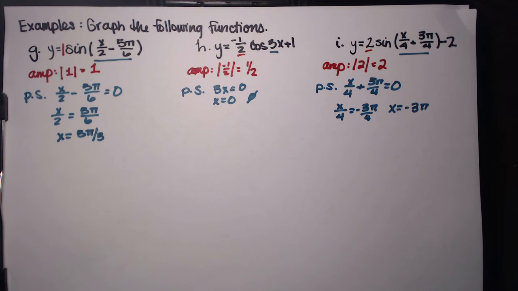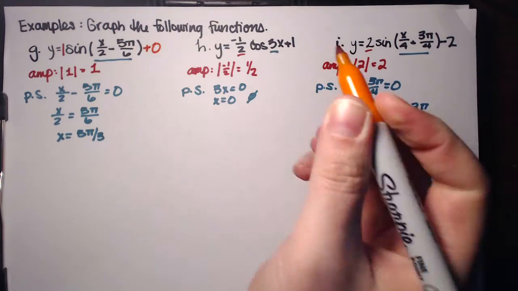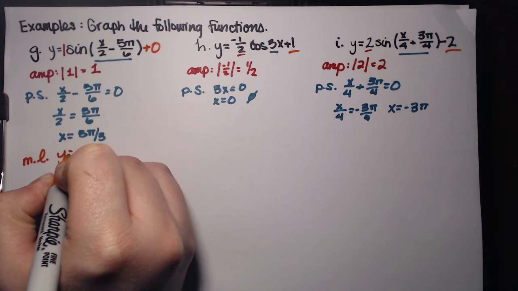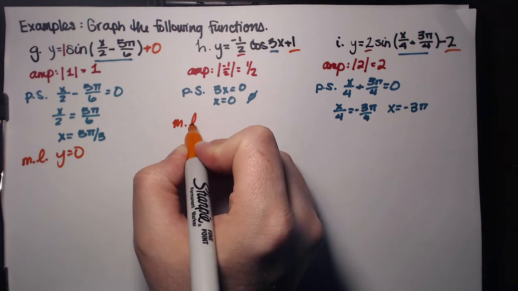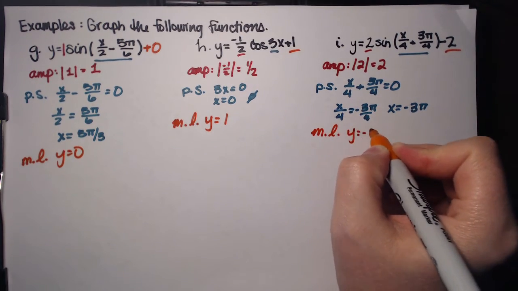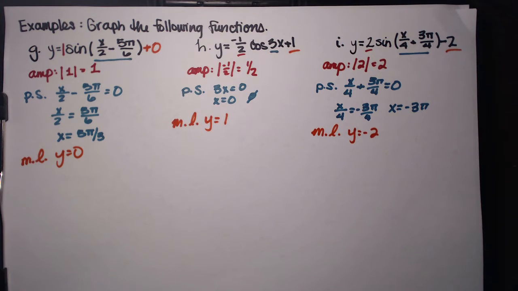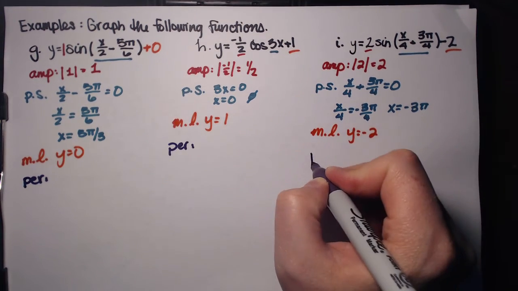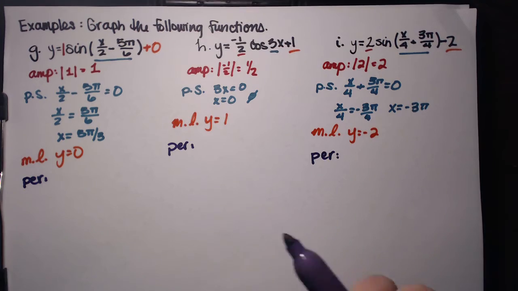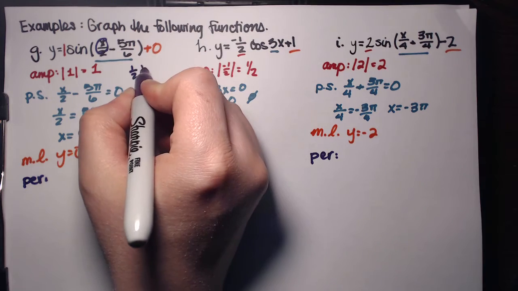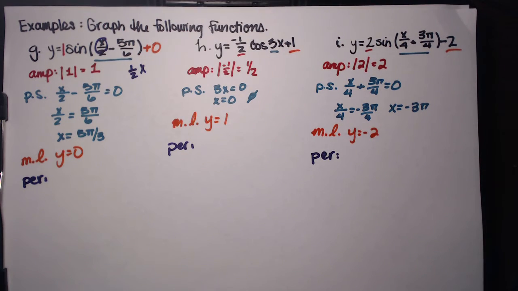Okay, and then the mean line, I have nothing here, a 1 here, and a negative 2 here. And then period. Here's the thing. This is really written as 1/2 x because the x just gets multiplied in.